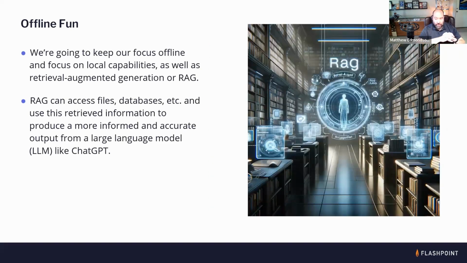And so how we're going to build on that, we're going to keep it in the offline vein for processing for OPSEC reasons, etc. And we're going to talk about RAG. I mentioned this earlier, but I said we would get into it more later. RAG, you see there, is retrieval augmented generation. This has been a huge thing all year so far this year. People have figured out that we have this model that we've trained on a bunch of data, but now we have some new data that we want to give it.